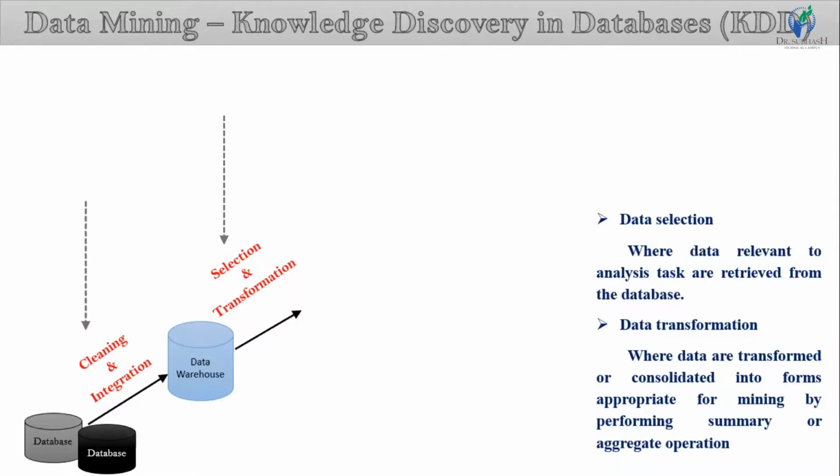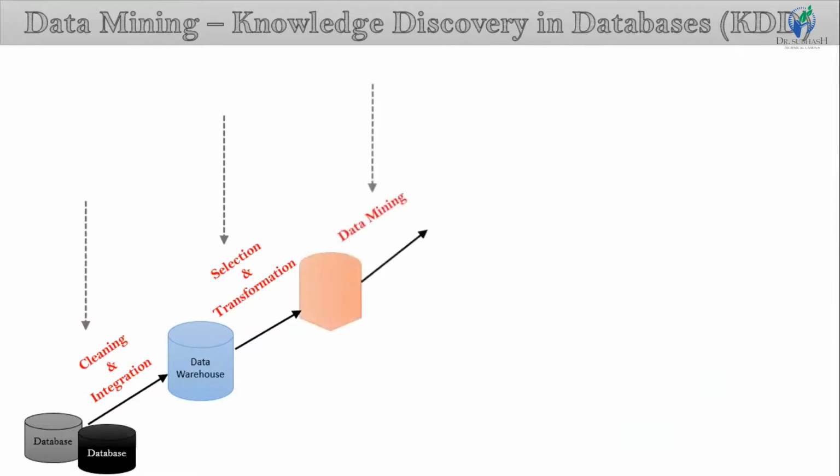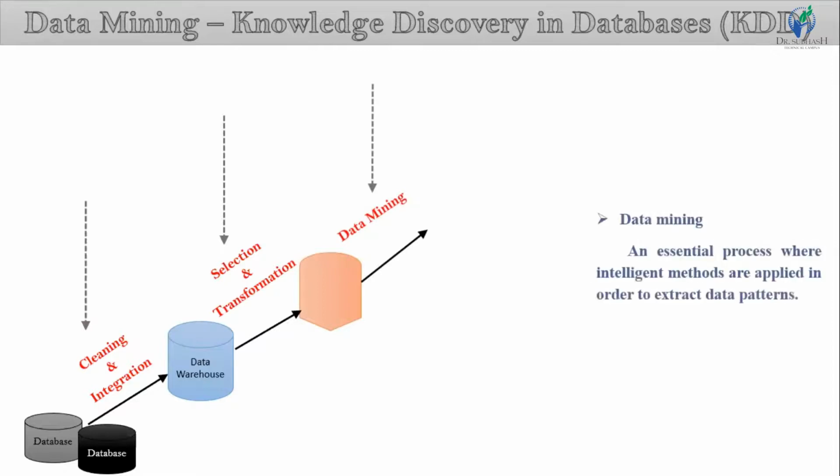Now the next step is data mining. Data mining is an essential process where intelligent methods are applied in order to extract data patterns. Data mining is the process of discovering patterns in large data sets involving methods at the intersection of machine learning, statistics, and database systems.